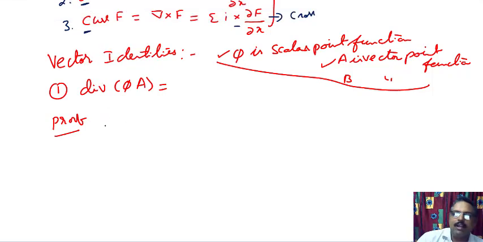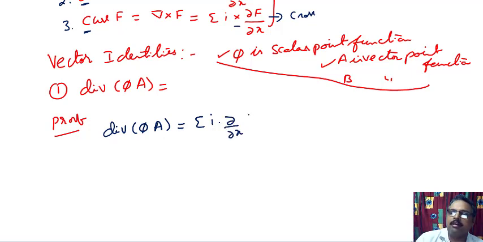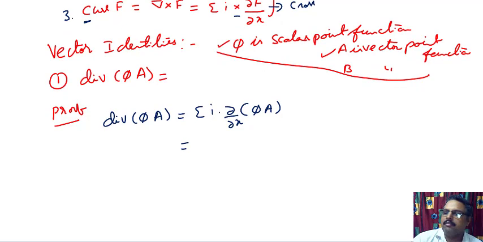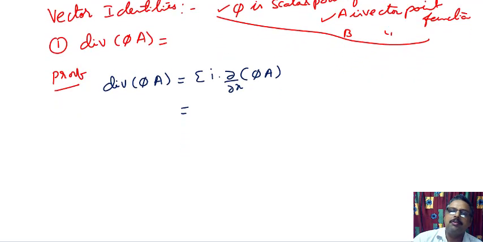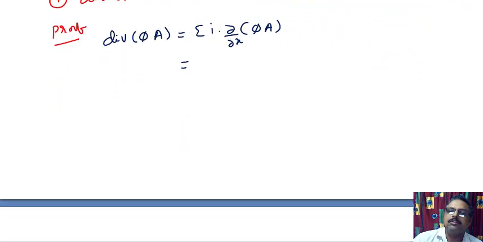Now listen carefully. Divergence of phi A. What is the sigma notation of divergence? We discussed the shortcut trick. Sigma i dot, divergence means dot product, dou by dou x of phi into A. Now what is the derivative of phi A using the UV formula?